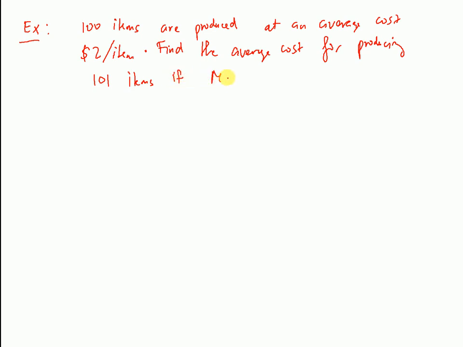If the marginal cost to produce the 101st item is A: $1 and B: $3. Okay, so we have 100 items to be produced at an average cost of $2 per item, right?